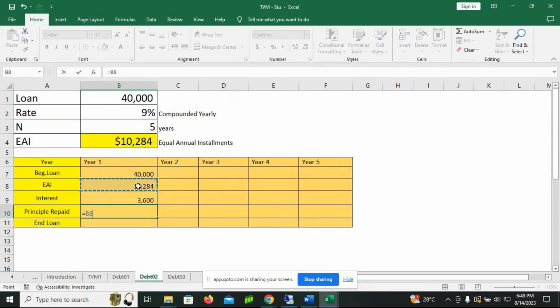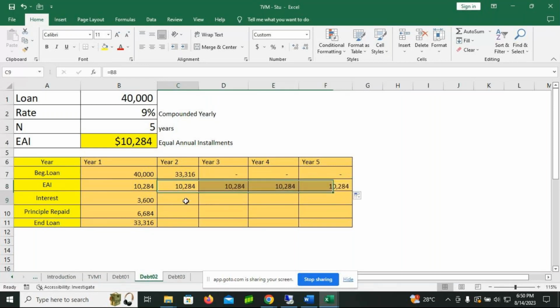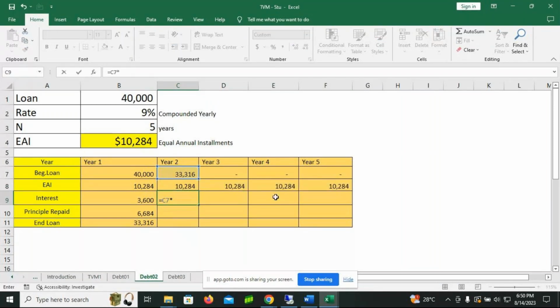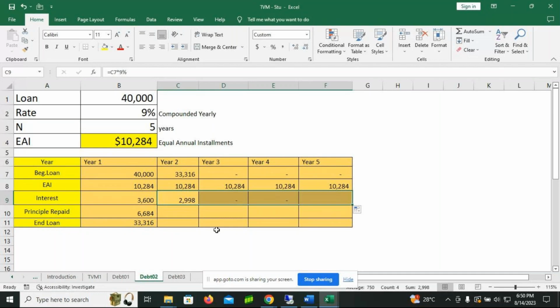So principal repaid EMI minus interest, end loan will be 40,000 minus principal repaid. So here the same way only I'm going to take the values, equals end loan and get it here. So EMI is going to remain the same throughout all the 5 years. So interest on this I'm going to pay 9%. So here principal repaid, end loan.